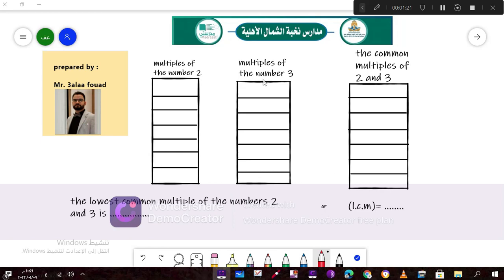Multiples of the number 3: 3 times 1 equals 3, 3 times 2 equals 6, plus 3 is 9, plus 3 is 12, plus 3 is 15, plus 3 is 18, and so on.